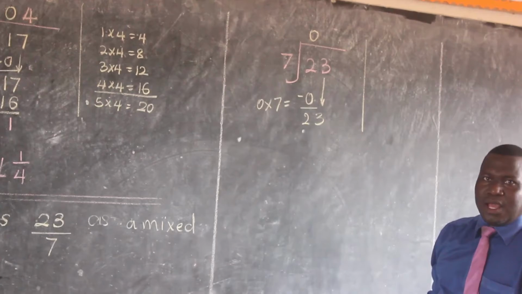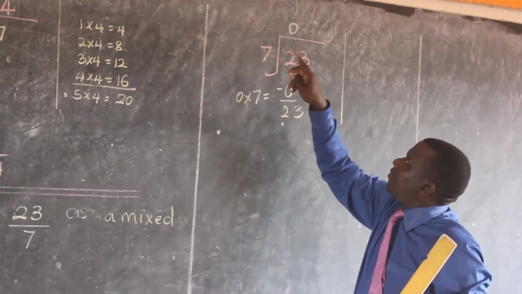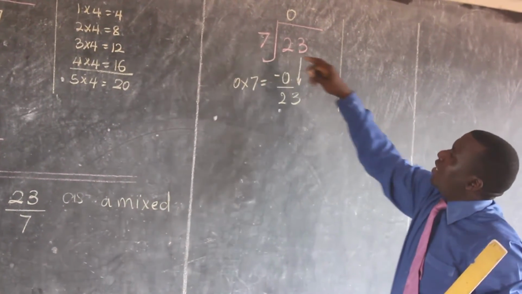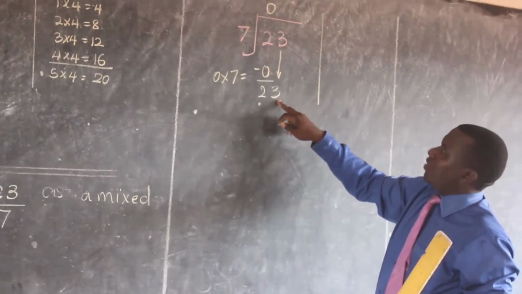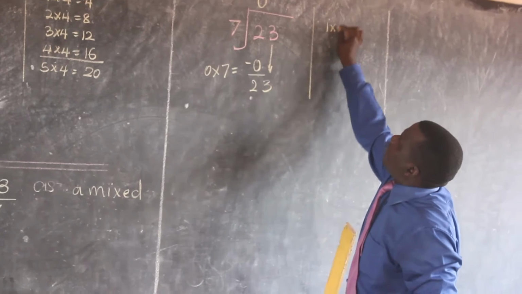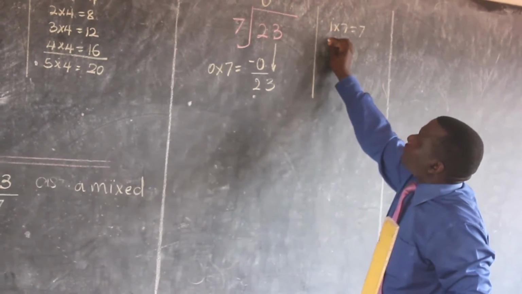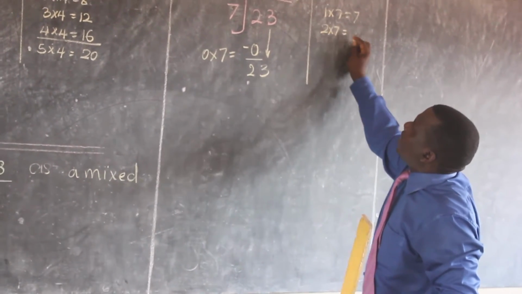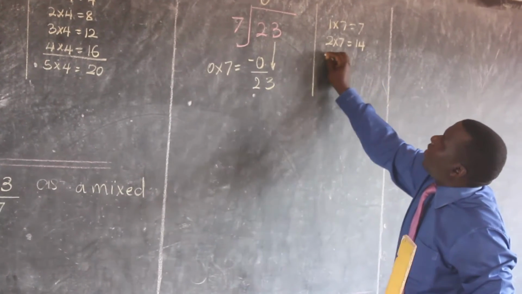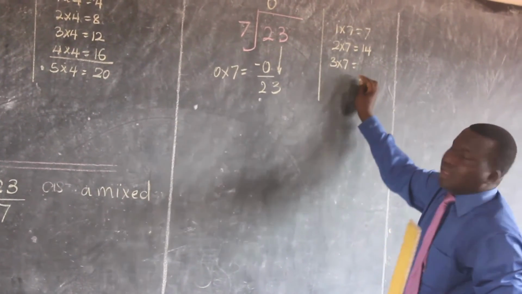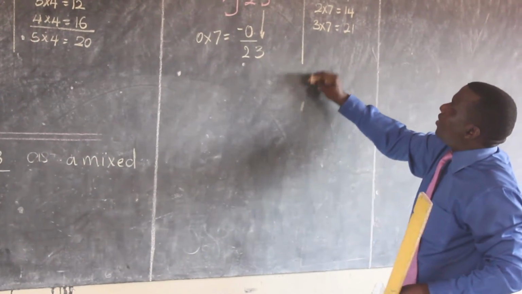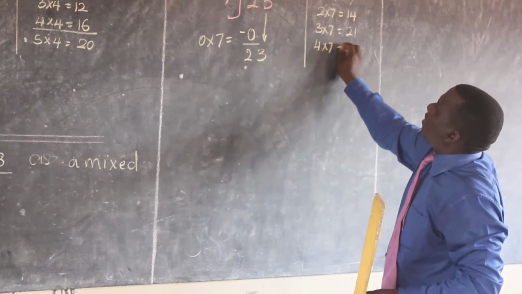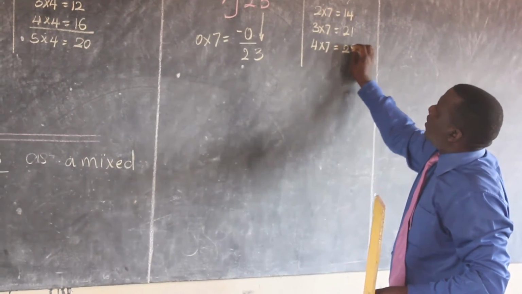Look for a number that when you multiply it by 7, it gives you either 23 or something nearest to 23. So we shall have 1 times 7 is giving us 7, 2 times 7 is giving us 14, 3 times 7 is giving us 21, and 4 times 7 is giving us 28.